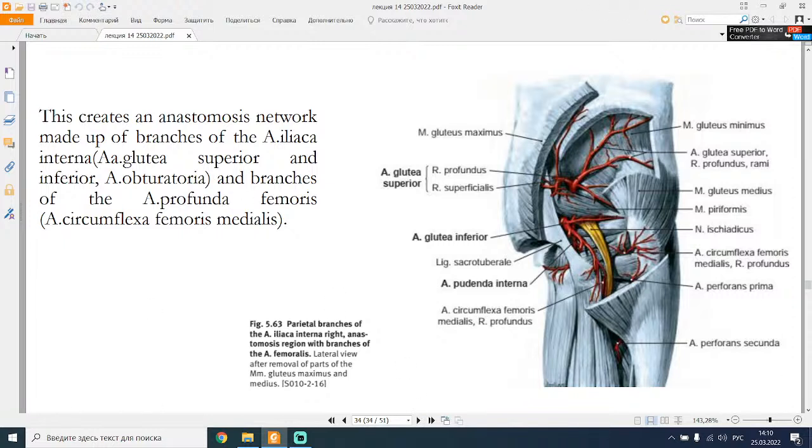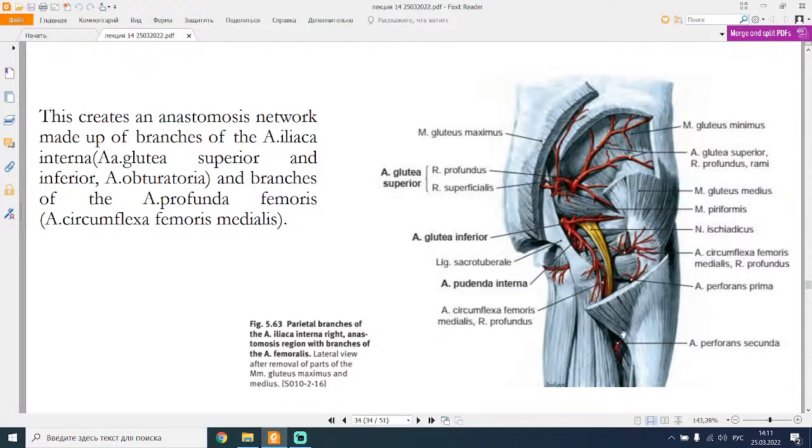This creates an anastomosis network made up of branches of the arteria iliaca interna, arteria glutealis superior, arteria glutealis inferior, and branches of arteria profunda femoris, arteria circumflexa femoris medialis.